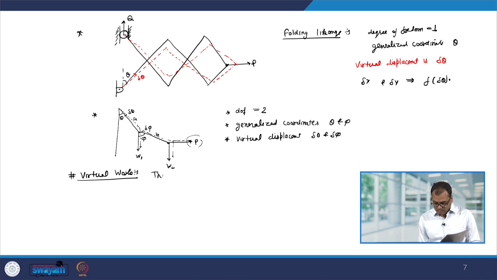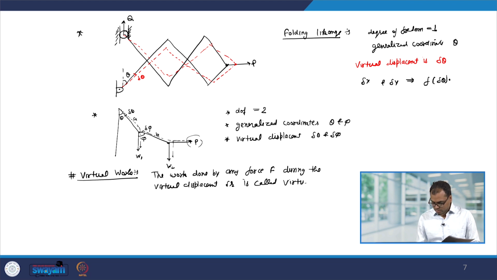The definition is: the work done by any force F during the virtual displacement, let us say delta r, is called virtual work. For example, if you have translation, then delta U will be F dot dr.